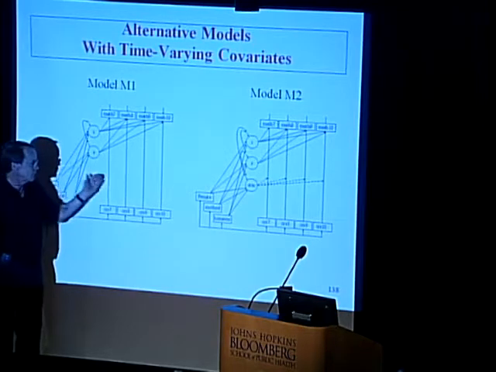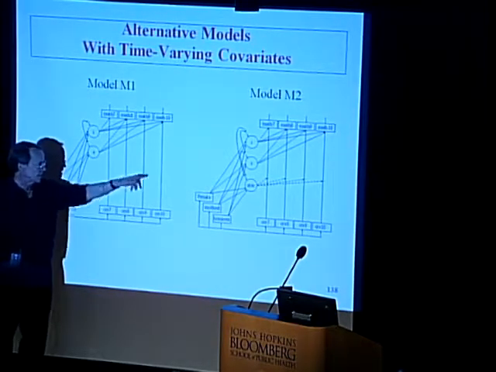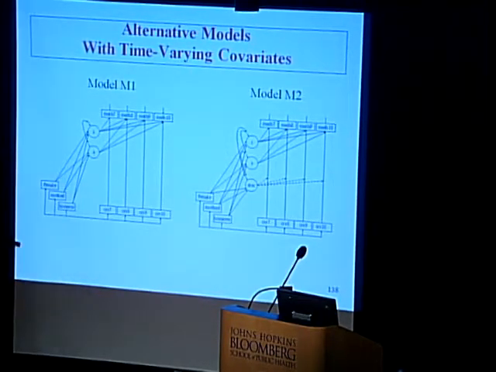You estimate a slope, or perhaps you estimate a slope that varies across time. You can put it equal across time or different across time. On the right is the model that we just looked at. We have a random slope that varies across individuals. The way it's drawn here on the right is that it doesn't vary across time, but it could vary across both people and time.